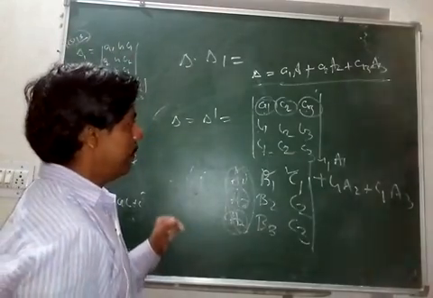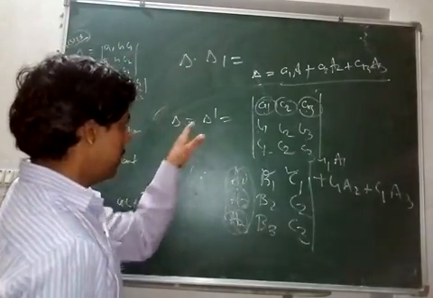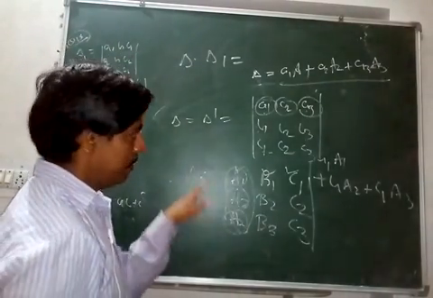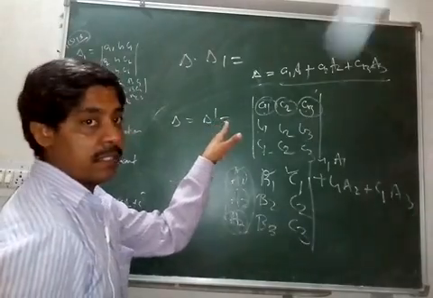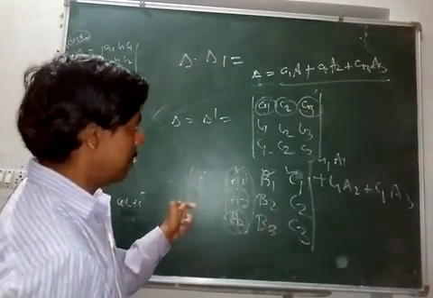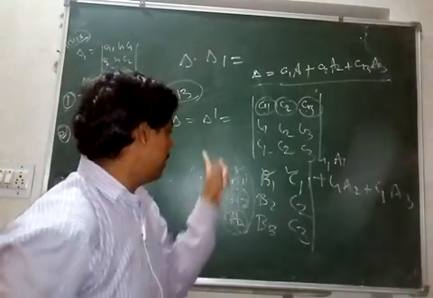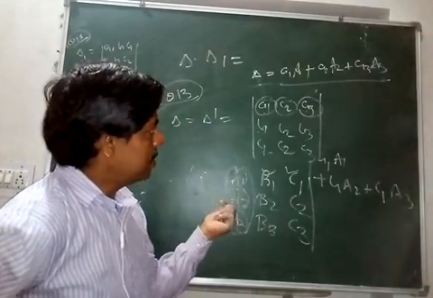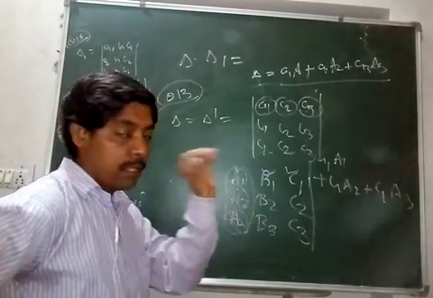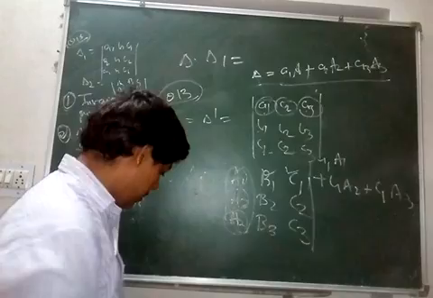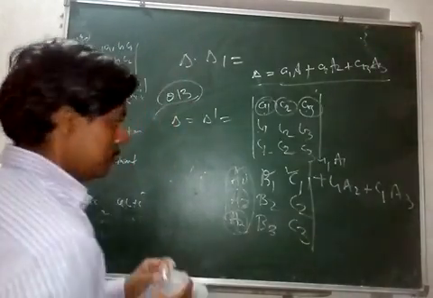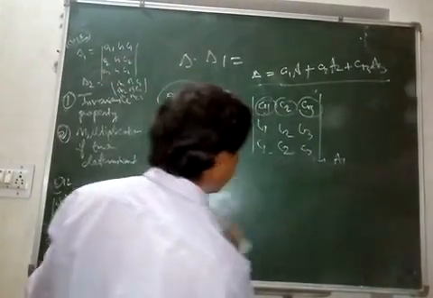So now if you multiply delta and delta 1, because delta and delta dash are same, now we come to question number 13. If you multiply delta and delta 1, you will get determinant value in the multiplication 3 times, something like this. So you should try this question. We'll discuss in the next class also.